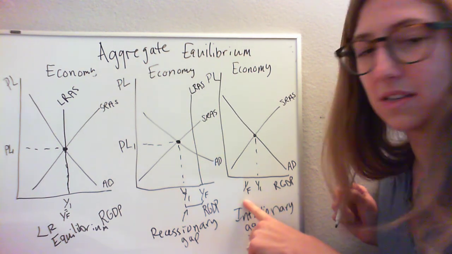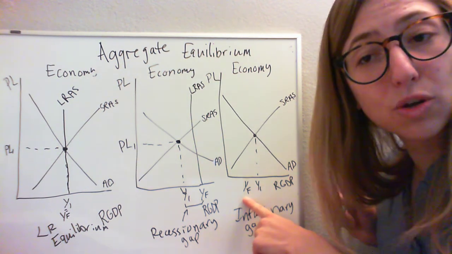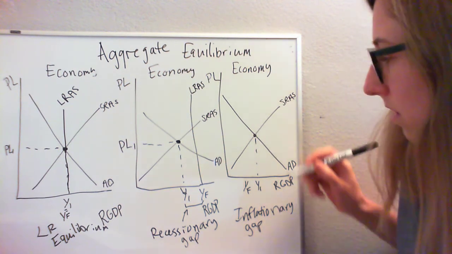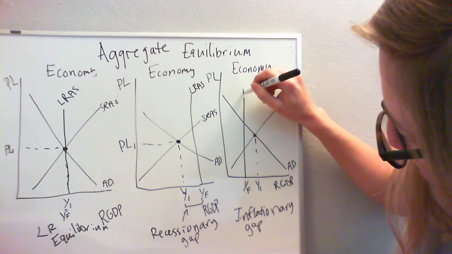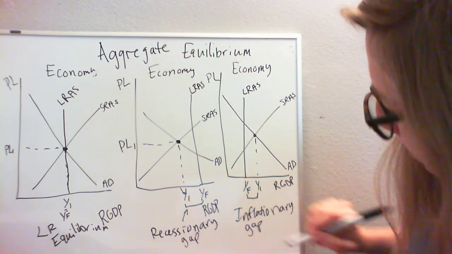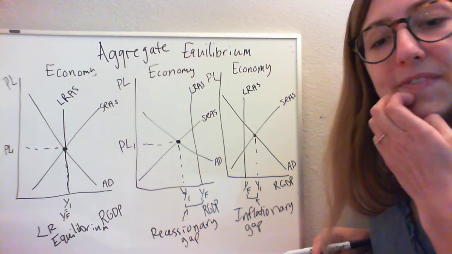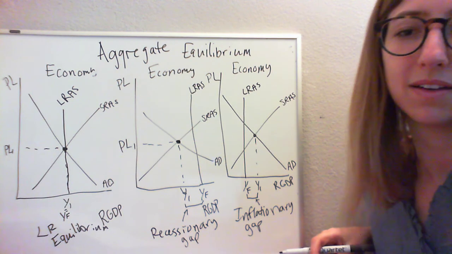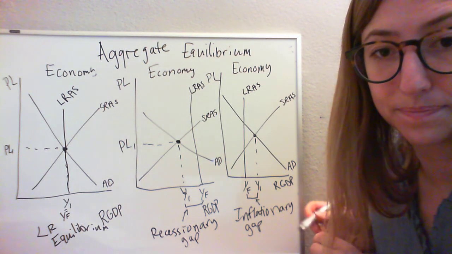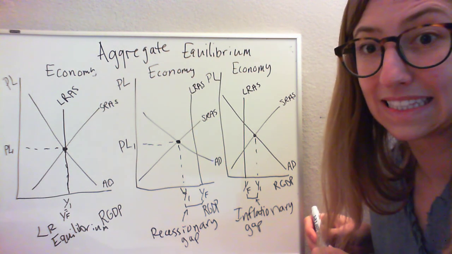So this potential production is less than this actual production. So this is an inflationary gap: the amount of extra production that's happening that's unsustainable. So these are our output gaps. Good job, guys.